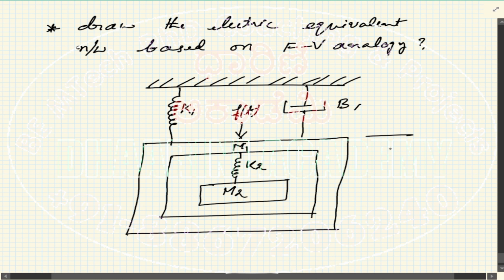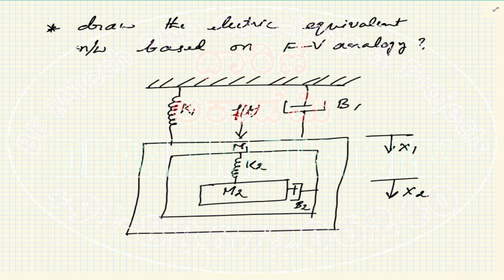Alright, so this is x1, this is x2, and let us say we have a b2 over here. Okay, so this is the given diagram.